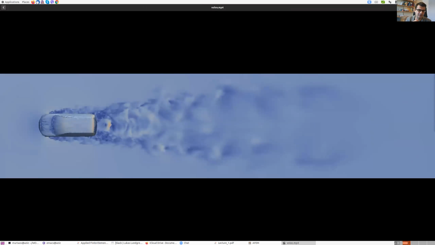And the good thing with these kinds of simulations is that they mimic the wind tunnel at the Volvo company. So instead of building a real car, because in real life, what they do is they build a car, put it in the wind tunnel, blow air, take some measurements, and calculate the pressure drop. Because of that, they calculate the drag force.